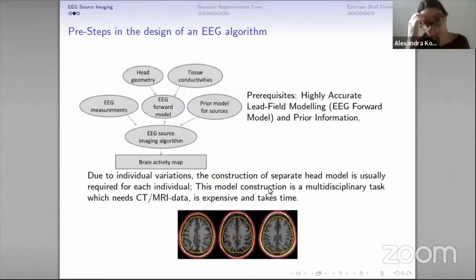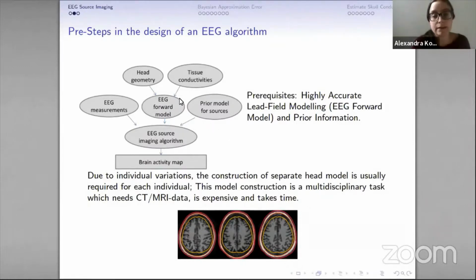And here I have a figure that I like, where I put together all the steps that we need to follow in order to design an EEG algorithm. The first part is to create a nice forward or observation model. Afterwards, we plug in some prior information, physiological or whatever we consider important for the particular case.